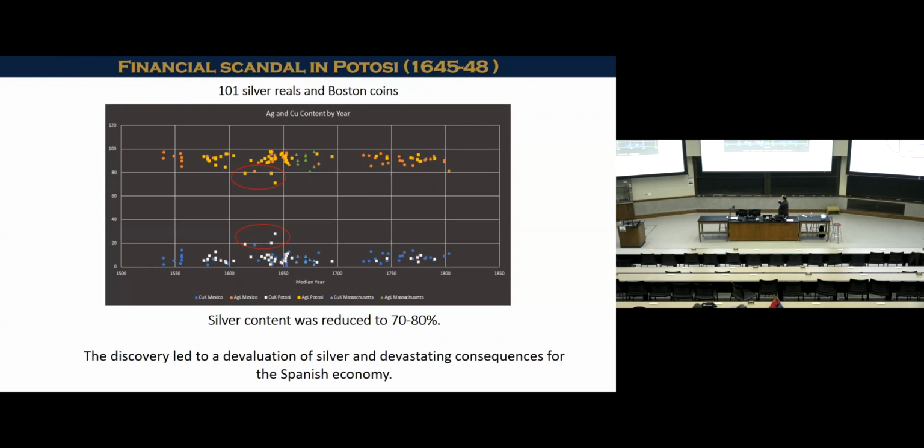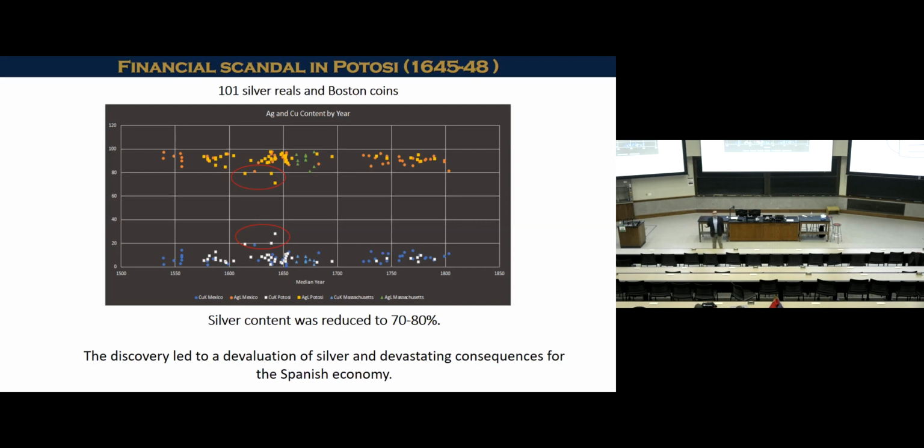And when we analyzed about 100 silver reals and then Boston coins, we found very interesting cases. In this region, we see some of the coins from Potosi contained a lot less silver and more copper. And it turns out that this was a historic event. In 1648, there was a huge scandal.